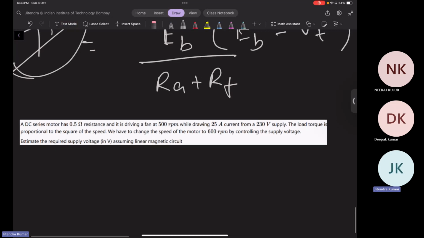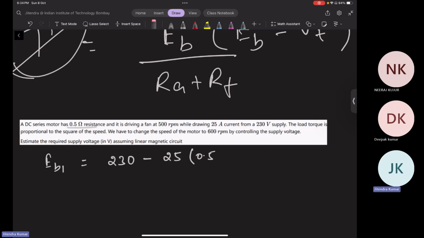Yeah, so again we have to find out the EB1, right? So EB1 can be calculated as 230 volt supply minus IA, which is given as 25 ampere, times RA, which is 0.5. This is the motor has 0.5.